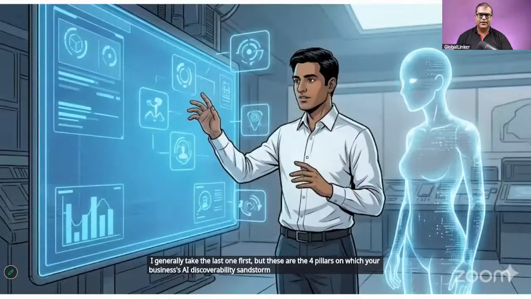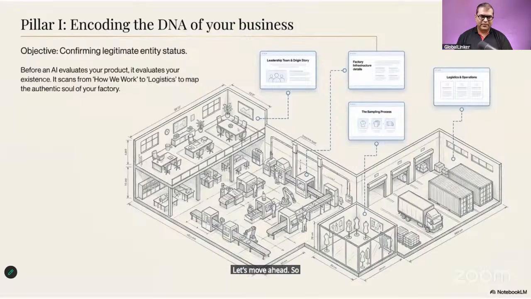Let's move ahead. So the first pillar is who you are. The objective of this segment is to help AI understand who you are. And that does not mean just having an about us page on your website.